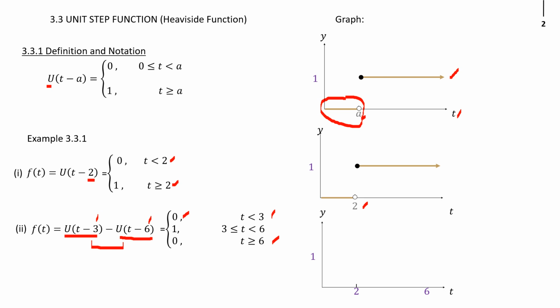And t between 3 and 6, the value of y will be 0, 1, 0.